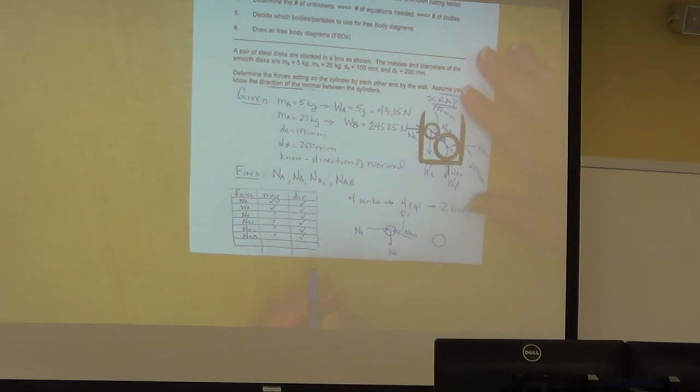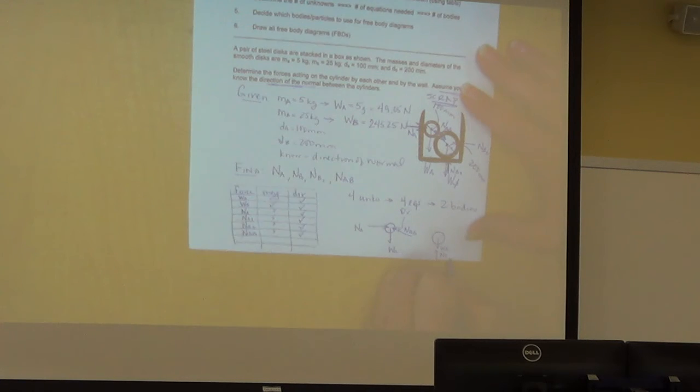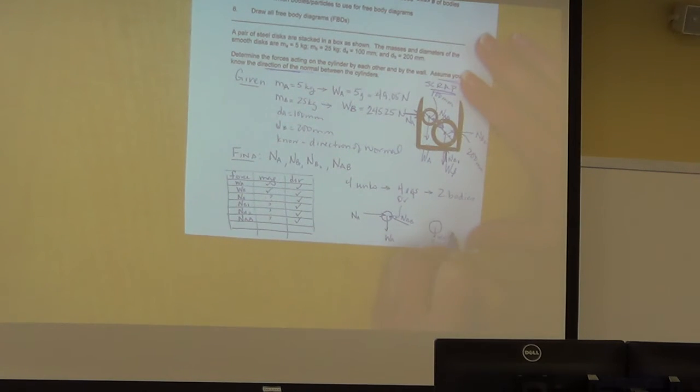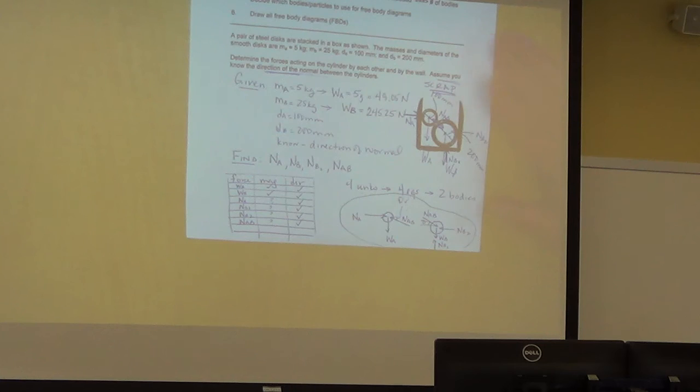Then I have my weight of B, my normal of B1, normal of B2, and the normal of AB, and this is theta. Okay, do I have all my forces labeled? Yes, and I would probably come through and write down what this is.